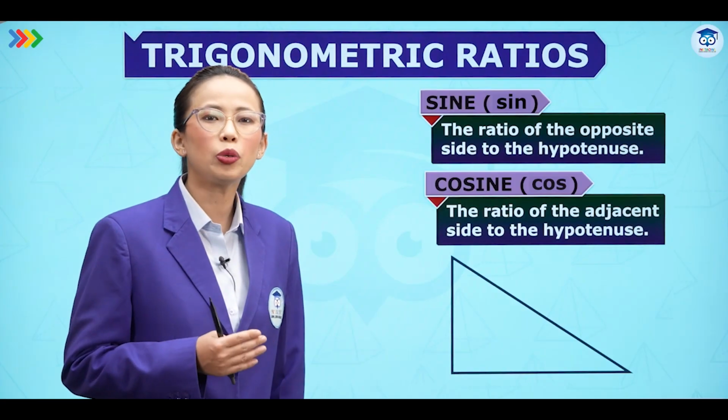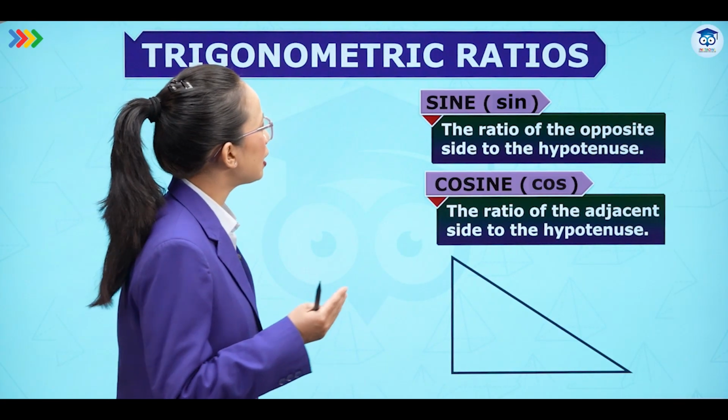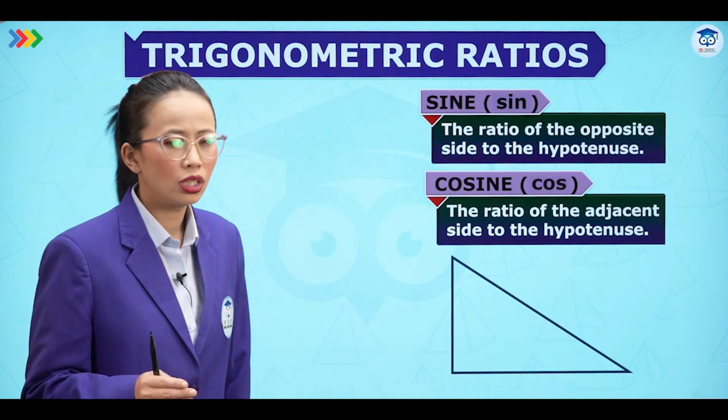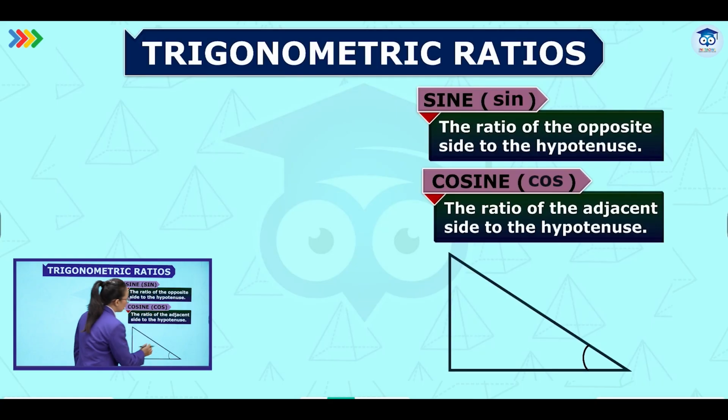The first trigonometric ratio is sine, that is sine of an angle. Suppose you are considering this angle, then you are going to define sine with respect to this particular angle. So the angle of consideration is very important. According to that, the ratio will be changing. Suppose the angle of consideration for now is this angle.